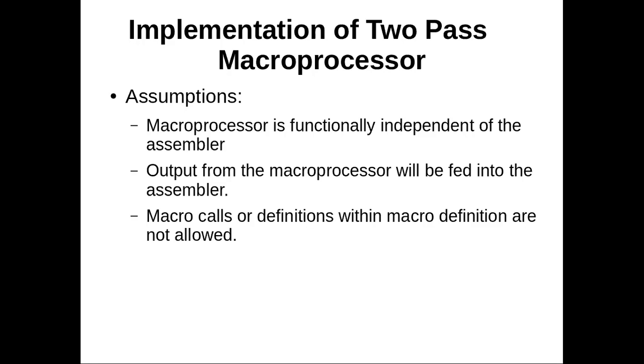That means the macro processor is separate and the assembler is separate. Macro processor will expand the macros, and the output without any macros will be given as the input to the assembler. And in this particular two-pass algorithm, we won't be able to implement macro calls or macro definitions within the macro definitions. So these are the assumptions made in the implementation of two-pass algorithm for the macro processor.